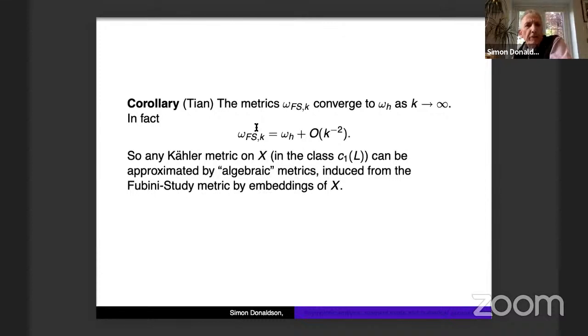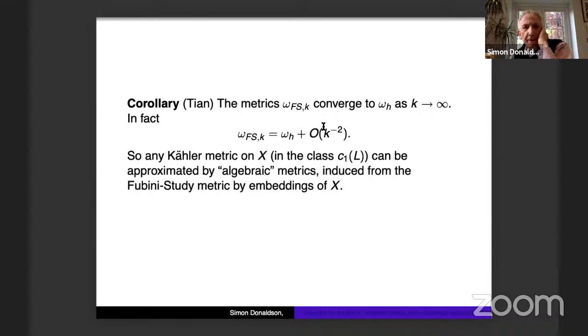So the first corollary of this is due to Tian, one of the early results of Tian, is that as k tends to infinity, these algebraic metrics that we've obtained by these projective embeddings converge to the other metric, omega h. So this just follows from the fact that the leading term in this Bergman function is 1.